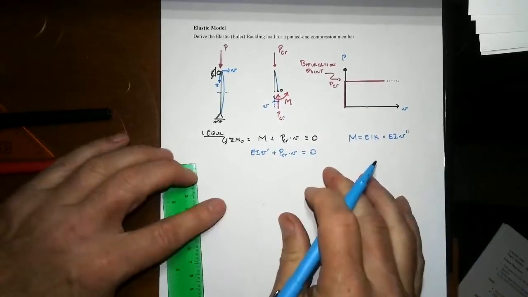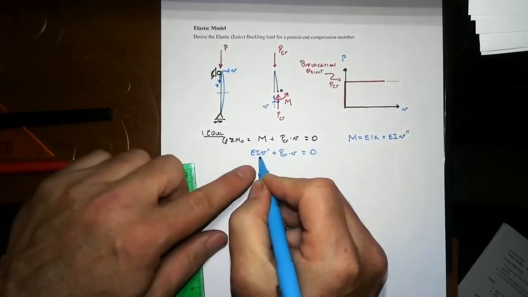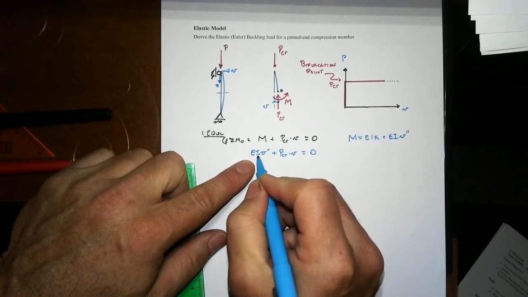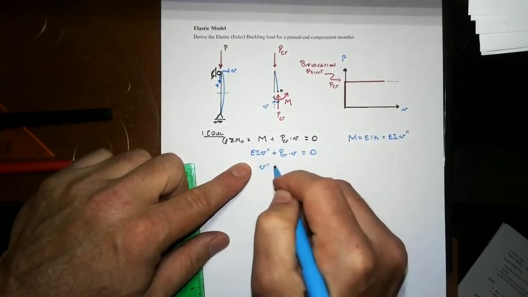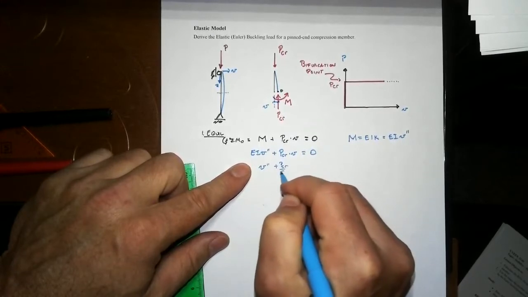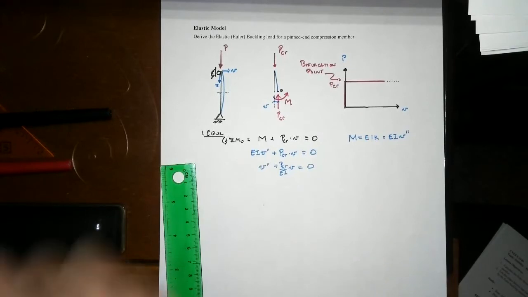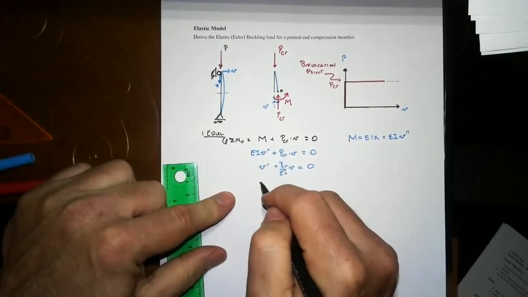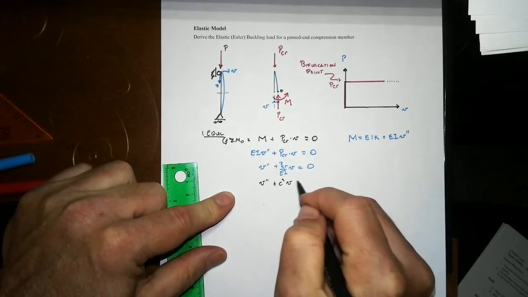Now, whenever the constant in front of the v double prime is not 1, think about dividing through by that constant. And that's what we'll do. v double prime plus P critical over EI times v is equal to 0. And that equation is of the form of second derivative plus a constant squared times v is equal to 0.